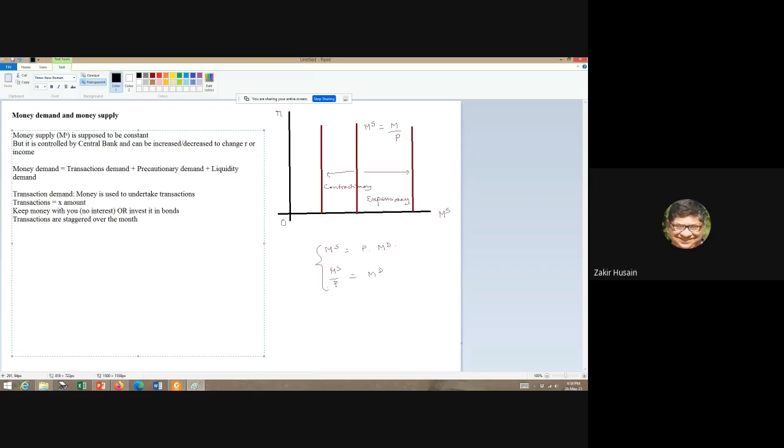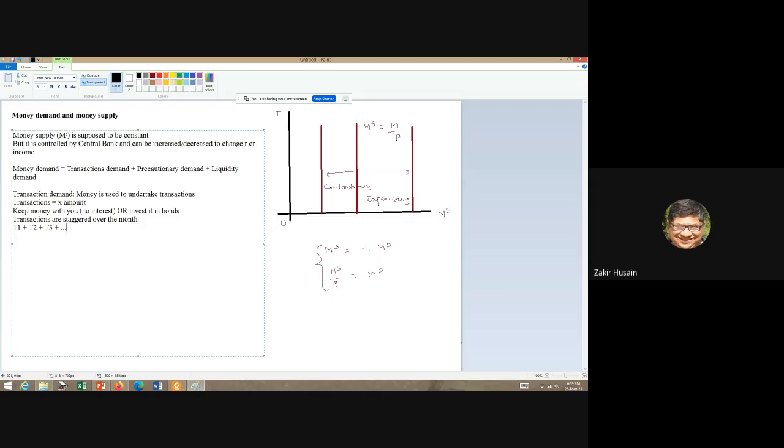So for convenience, let us assume that you have to pay the same amount every time you undertake a transaction. So that means it will be T1 after, let us say, 10 days or 5 days, it will be T2. After a certain period, it will be T3 and so on.